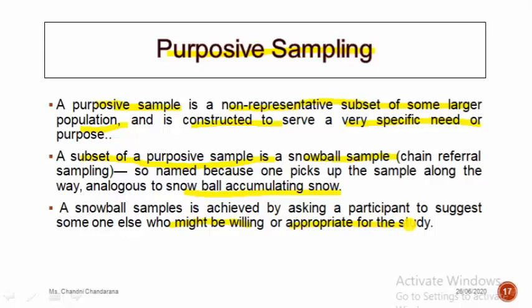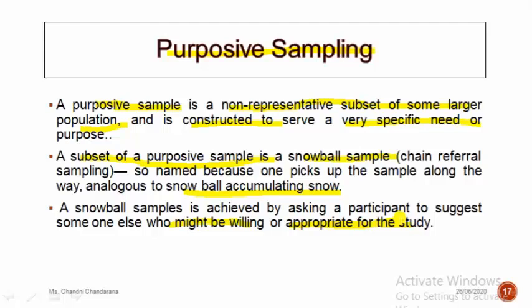Means here we have to ask the participant to suggest someone else who wants to be a part of this study and who is appropriate for this study. So whatever study we are going to do, how we select the population is very specific.